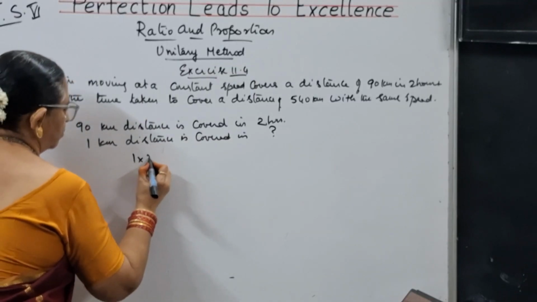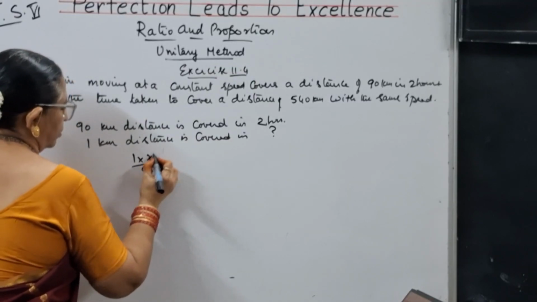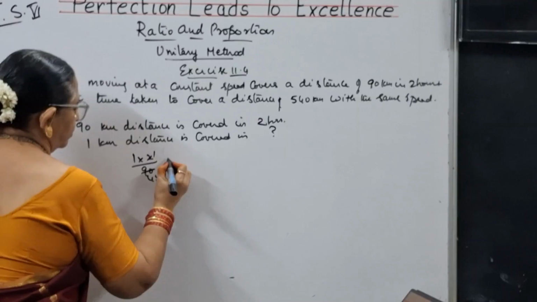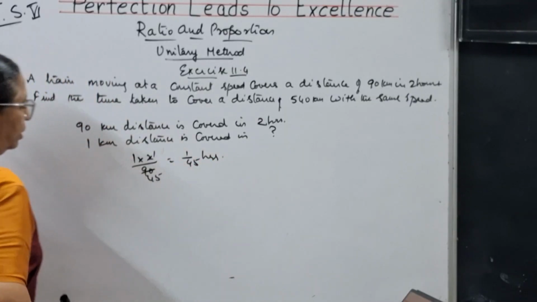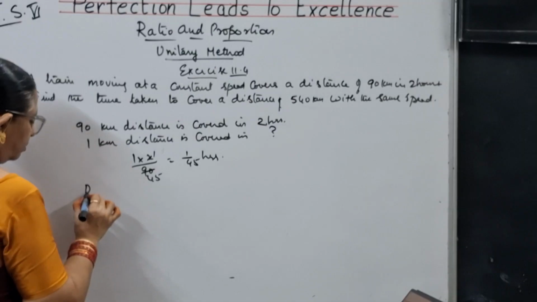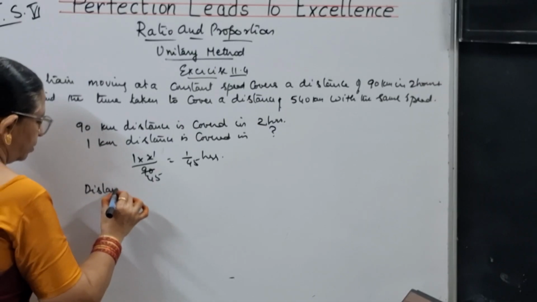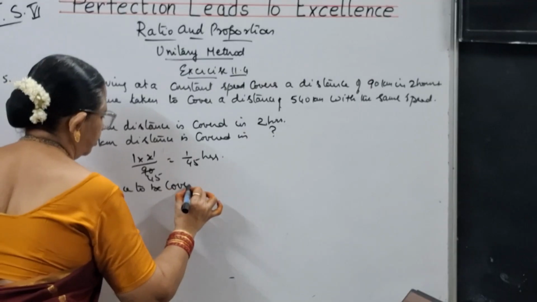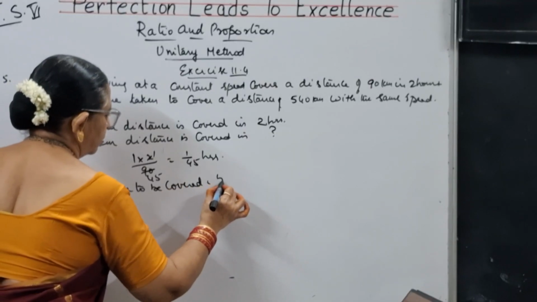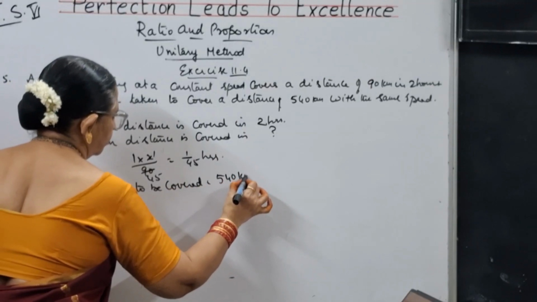So 1 into 2 by 90. 2 ones are 2, 2 fours are 2 fives are. So 1 by 45 hours it takes to cover 1 kilometer. So how much distance does it have to cover? 540 kilometers.